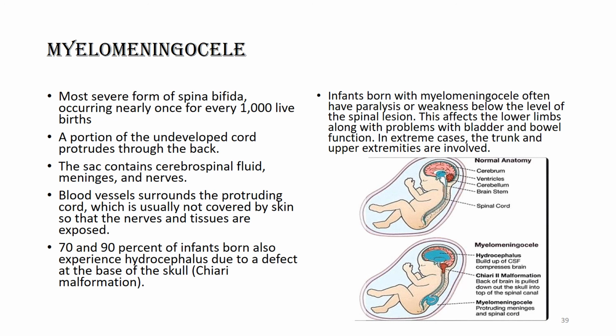Okay. Infants born with myelomeningocele generally will have paralysis or weakness below the level of the spinal lesion. It almost always affects the lower limbs, along with problems with bladder and bowel functions. In extreme cases, the trunk and upper extremities are involved.